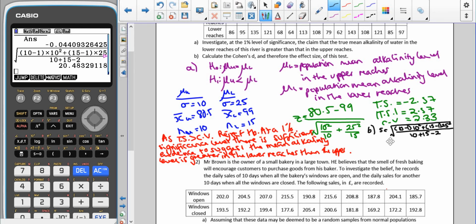And this gives us an S of 20.48329118. And we want to keep the whole number because we are going to do another calculation with it.